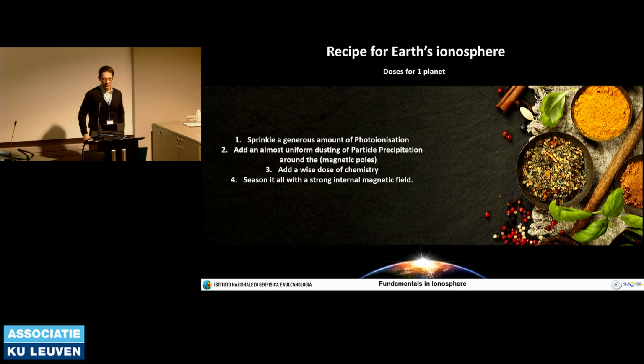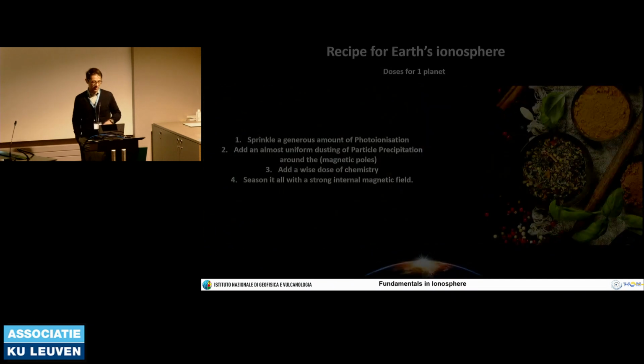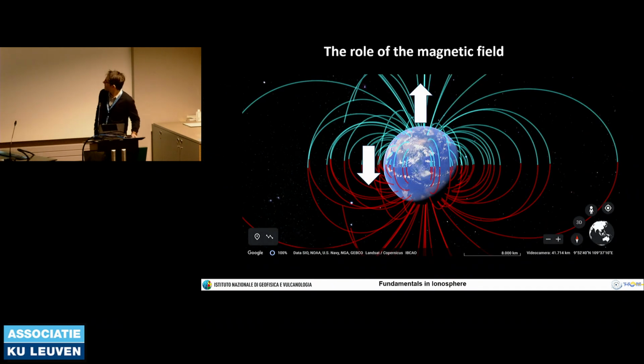Now we need to season it all with a strong internal magnetic field, because the magnetic field has an important role in the ionosphere formation, morphology, and dynamics. We know now, and even before, that the Earth has a magnetic field.